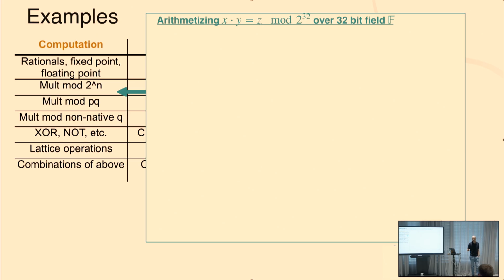And just to give you an idea of the headaches that complicated arithmetizations can bring to the table, say we want to prove x multiplied by y equals z modulo 2 to the 32 over a field F. As I said, we can always write some equations that will guarantee that x times y equals z modulo 2 to the 32 over any field.